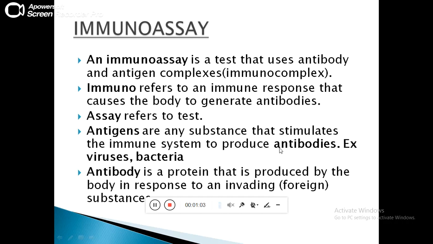Now we should be aware and not get confused between two very familiar terms, antigens and antibodies. Firstly, an antibody is a protein that is produced by the body in response to invading substances.